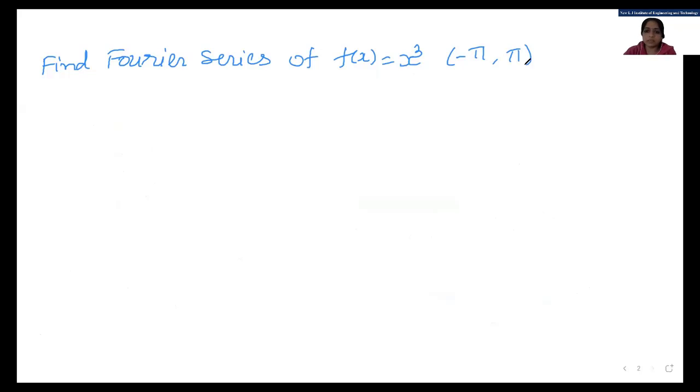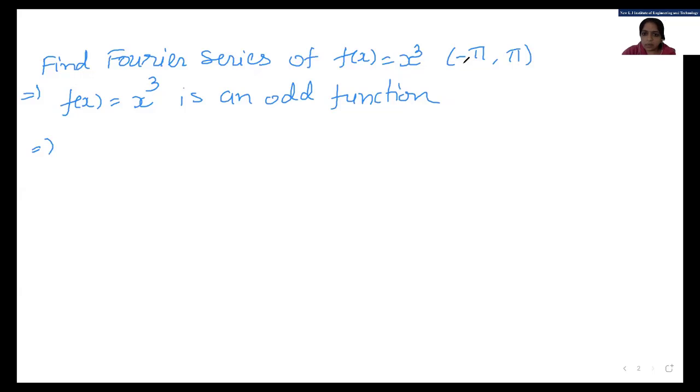At that time, we have to first write down our solution: f of x is equal to x cube, which is an odd function. So the next step is, as the given function is an odd function and our limits are minus pi to pi, a0 equal to an equal to 0.